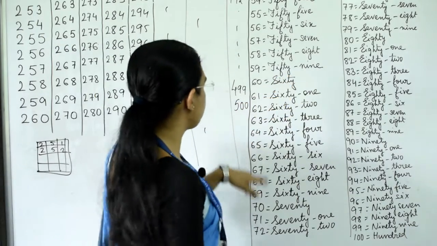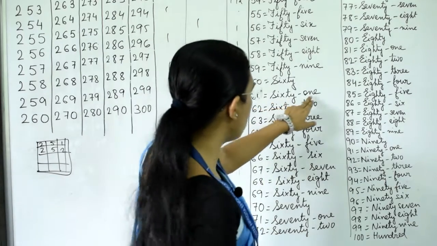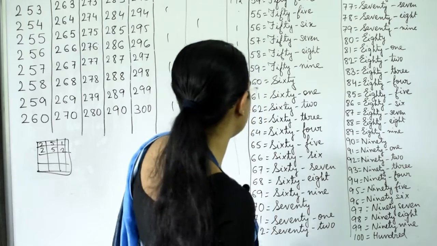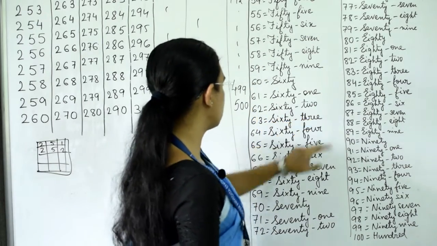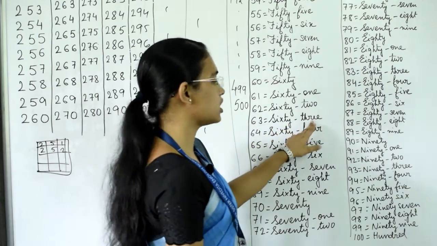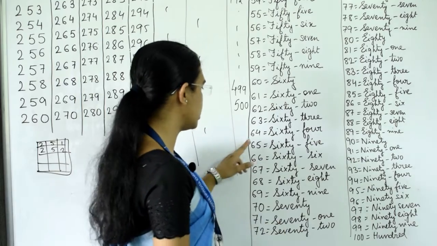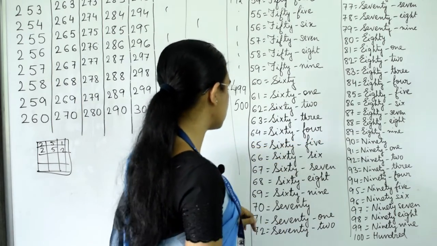Then 60, S-I-X-T-Y, 60. Then 61, S-I-X-T-Y, 60, O-N-E, 1, 61. Then 62, sixty 60, two 2, 62. 63, sixty 60, three 3, 63. 64, sixty 60, four 4, 64.